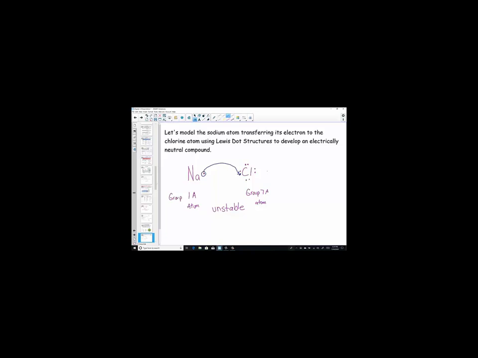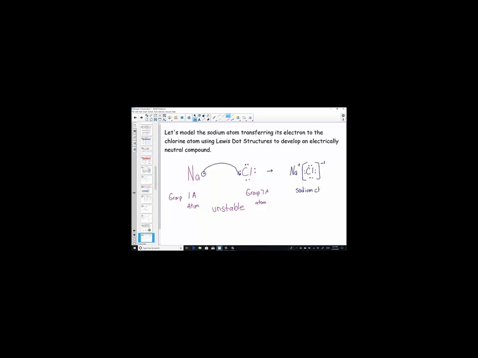And when it does so, we result with an ion of sodium, no dots, it gave it up, but it now has a plus charge. And you have chloride, who now has 8 dots and a -1 charge. Say the name of the positive, just as it sounds from the elemental chart, sodium.